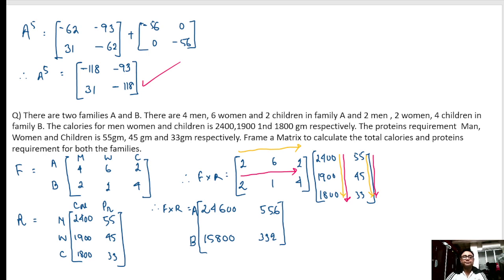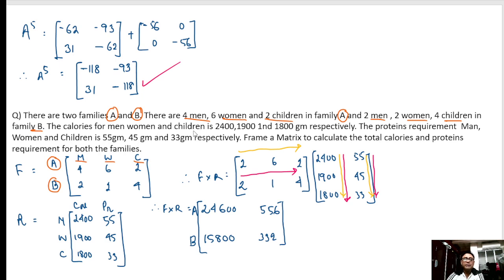So let's see, there are two families A and B. There are 4 men, 6 women, 2 children in family A, and 2 men, 2 women, 4 children in family B. Okay, so see, this is the family A, and men, women and children 4, 6, 2, and this is the family B, 2, 2, 4.